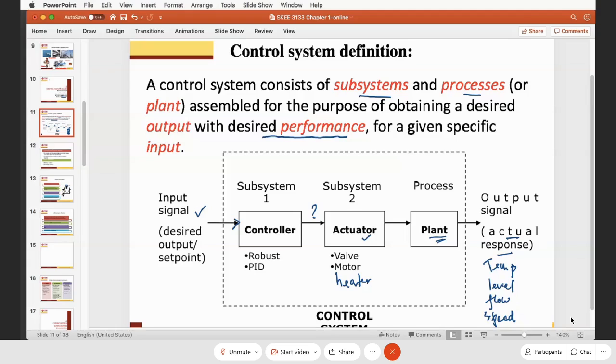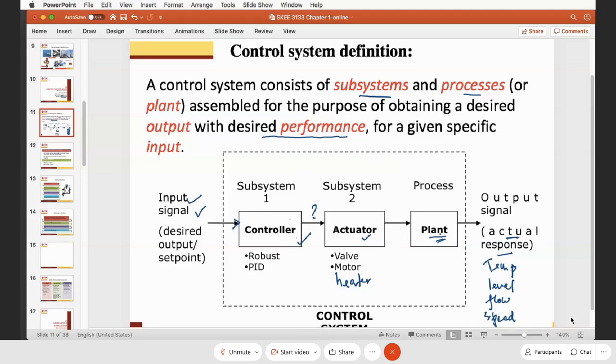So your system should consist of input signal, that instruction that we give to the system, and inside your system we have a few subsystems. So maybe you have controller, amplifier, attenuator, filter, so we call it here. So maybe you have a motor, valve, heater that we call actuators.